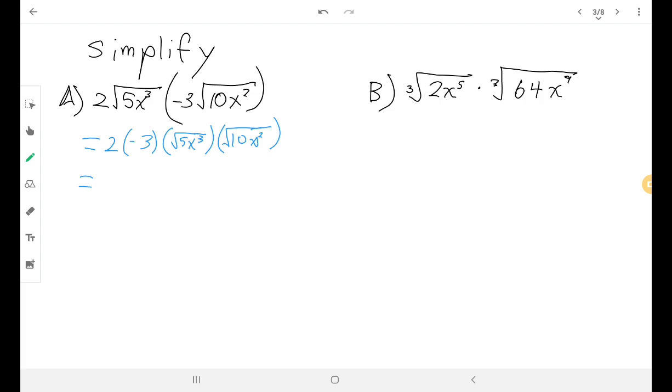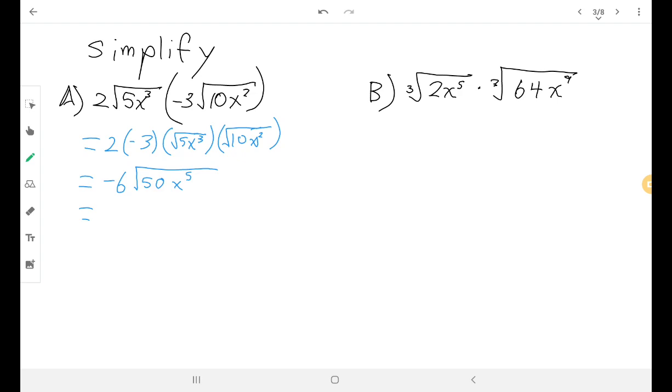So then 2 times -3 is -6. And then I can combine all this. That's times the square root of 5 times 10 is 50, and x to the 3rd times x to the 2nd is x to the 5th.